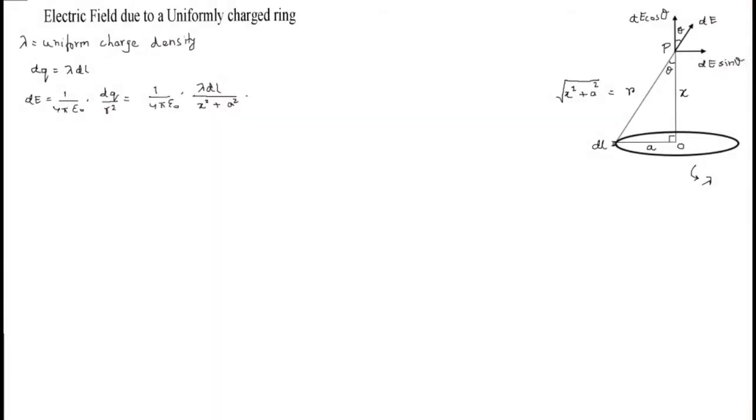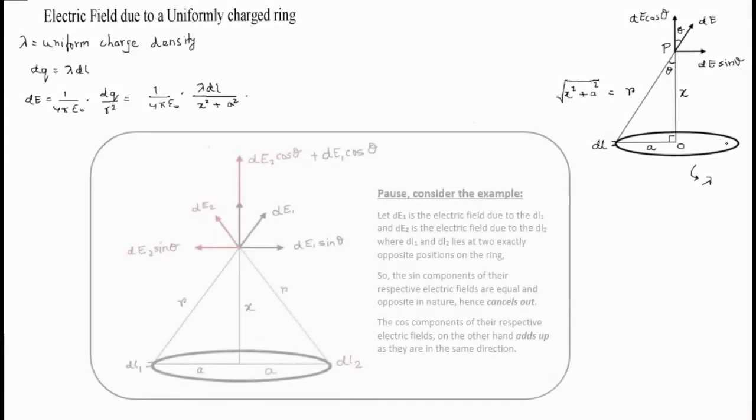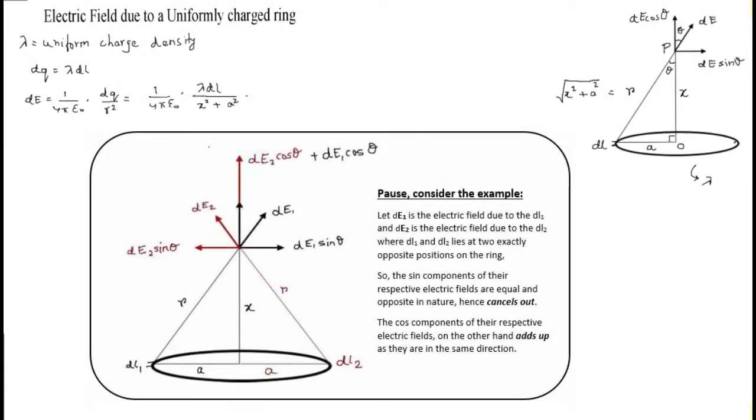Now if we consider exactly an opposite point dl over here, like this dl over here, the electric field due to this will be in this direction, right? Note that the sine component will cancel out this component.